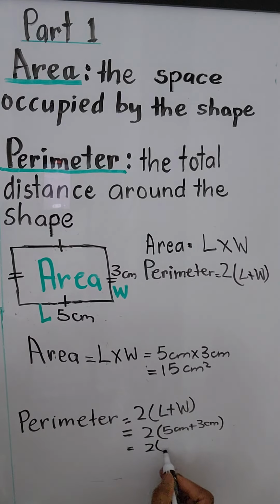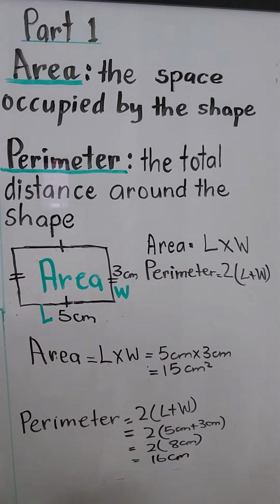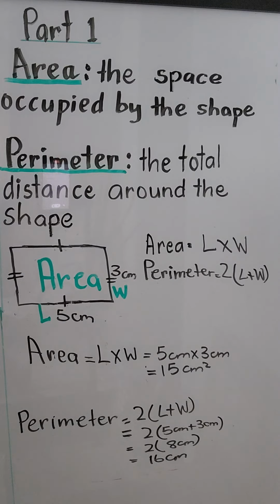So remember, we do the parentheses first. 5 plus 3 is 8. And then 2 times 8 is 16 centimeter. So the area of this rectangle, 5 centimeter by 3 centimeter, is 15 centimeters squared, and the perimeter is 16 centimeter.